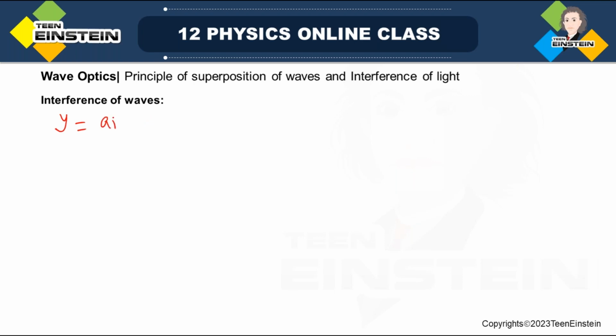Ultimately, we get a1 sine omega t plus a2 sine omega t cos phi, then another term a2 cos omega t sine phi.